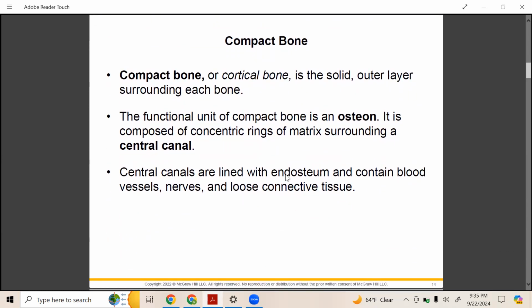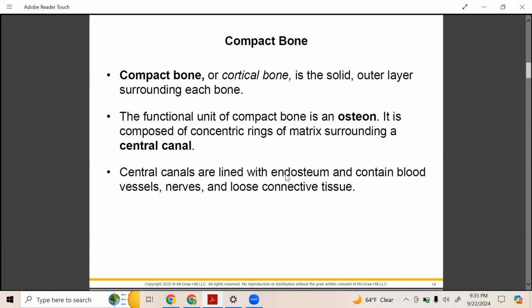Spongy bone is also called trabecular bone. Our compact bone is also known as cortical bone, and it's going to be that solid outer layer that surrounds all of our bones.